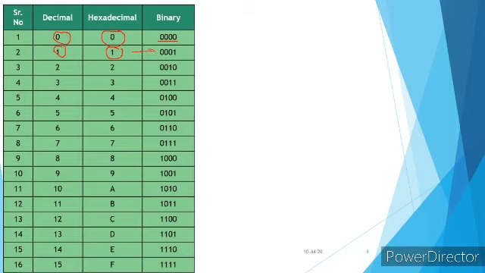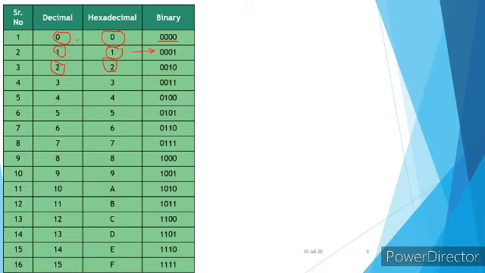We term it equivalent because this number in decimal is 1, which is equal to 0001 in binary. Then 2 in decimal, 2 in hexadecimal corresponds to 0010 in binary.